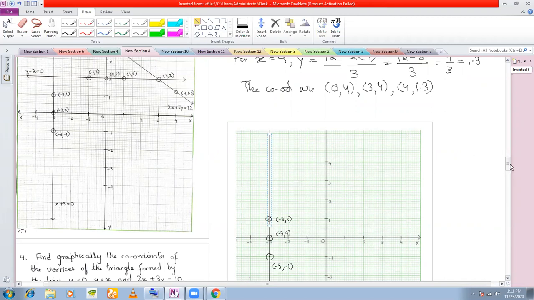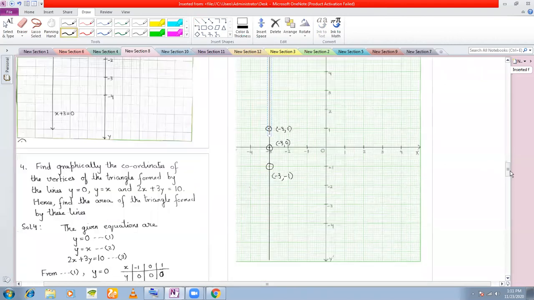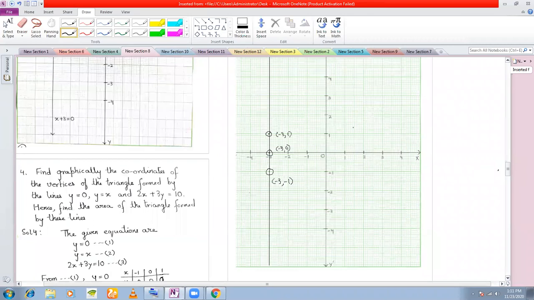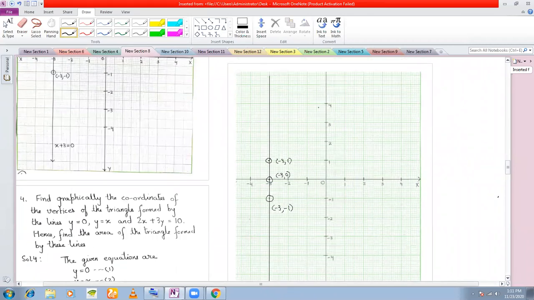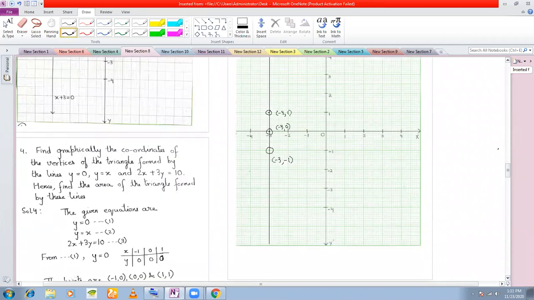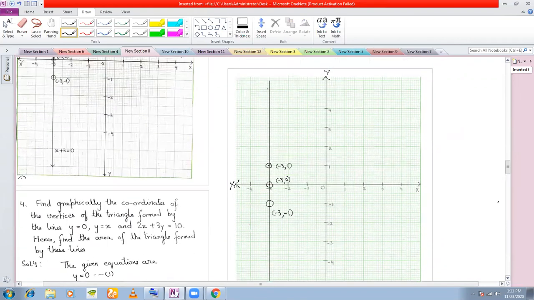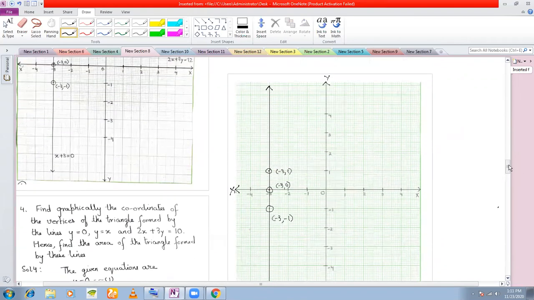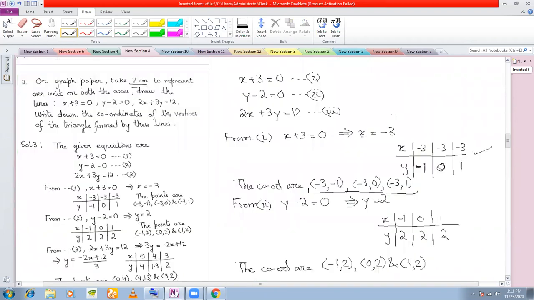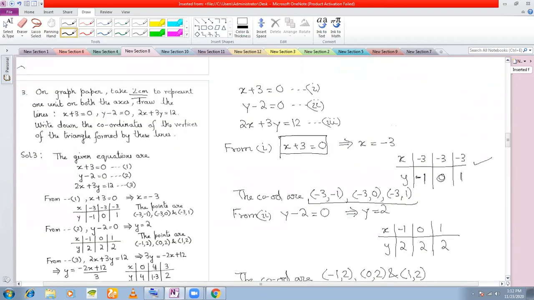Okay, excellent. What you are getting here is a straight line that is actually parallel to your y-axis, isn't it? What is the equation of this straight line? x plus 3 is equal to 0, or x is equal to minus 3 also you can say.